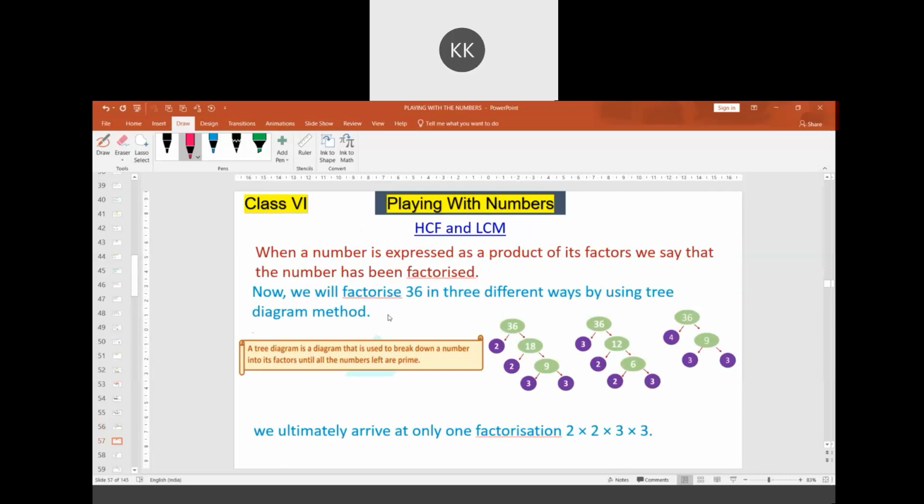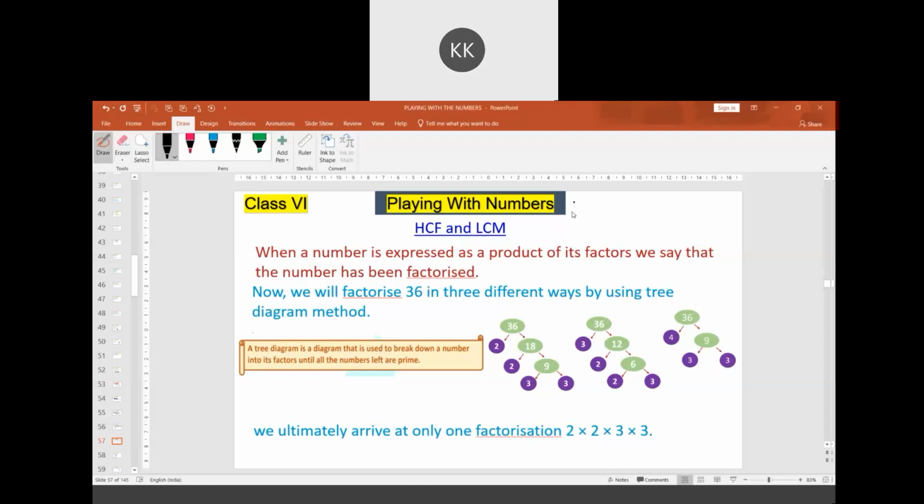Now we have a concept called HCF and LCM. HCF refers to highest common factor. LCM refers to least common multiple. This you should know. Let me mention it.